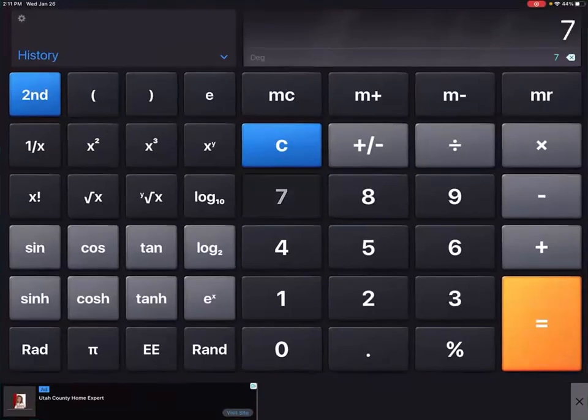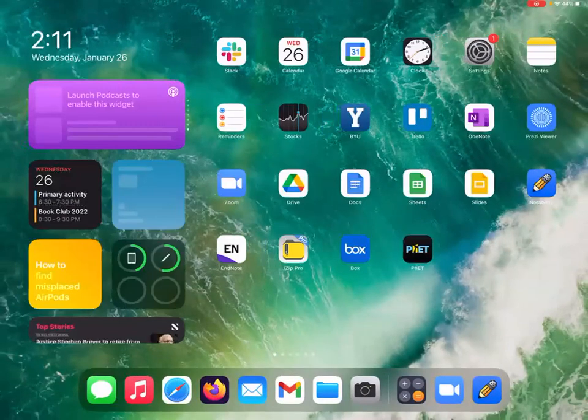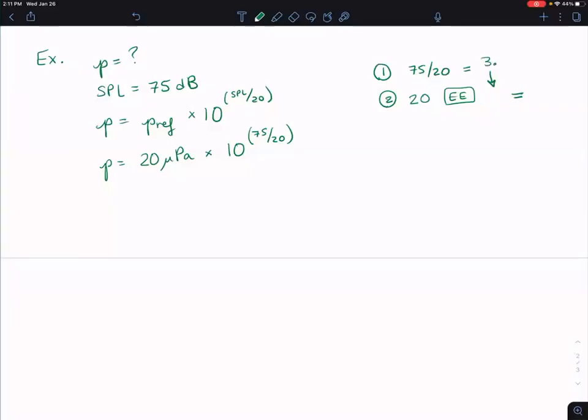So 75 divided by 20 gives me 3.75. I'm going to write that down on my paper. So 3.75 is the number I'm going to need to put in here. What this means is 20 times 10 to the 3.75 power. That's what the EE button means.